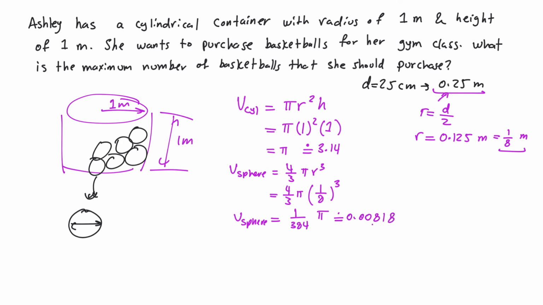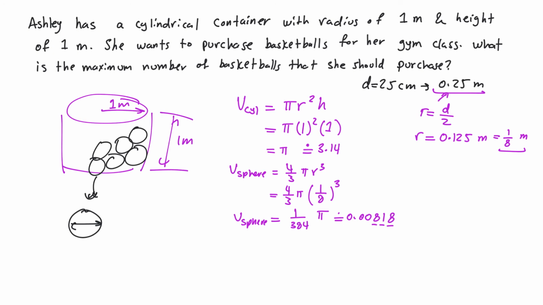So you could go from here, just plugging in the value to getting 3.14, and here you could just do 4 divided by 3 times pi times 0.125 cubed, and you should be able to get this value over here.